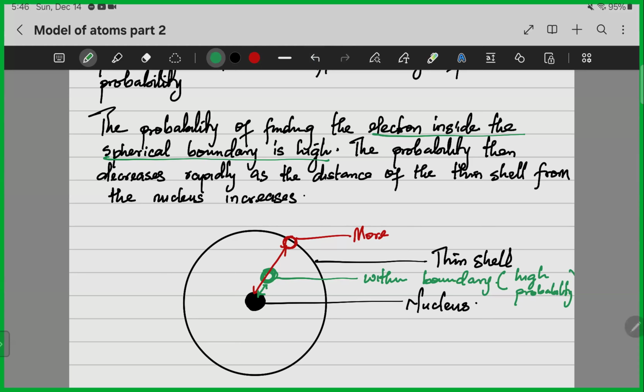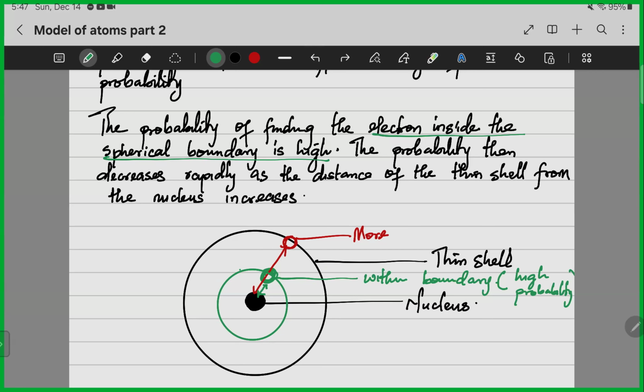Let me give this one its own thin shell. So these things are thin shells, and this is also a thin shell.